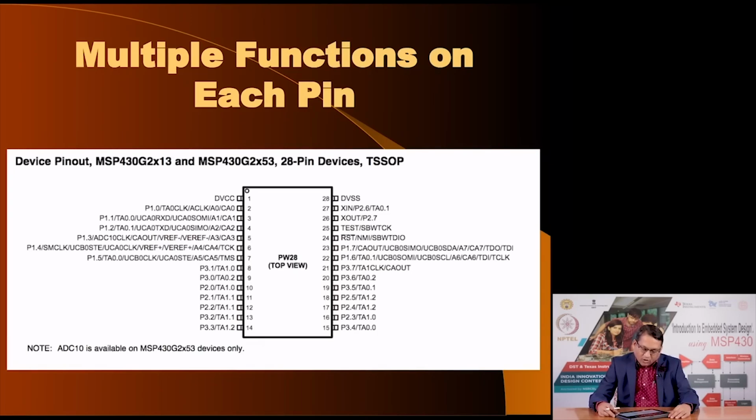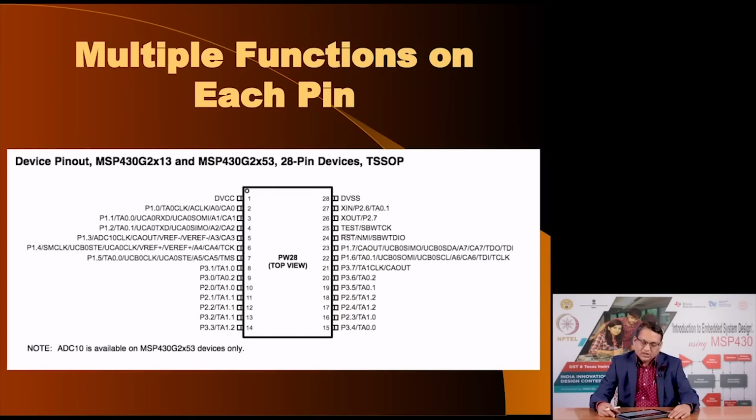Other than that, almost every pin, if I look at pin number 14, has two functions listed: P3.3/TA1.2. Let us look at another pin. For example, pin number 26 is XOUT/P2.7.